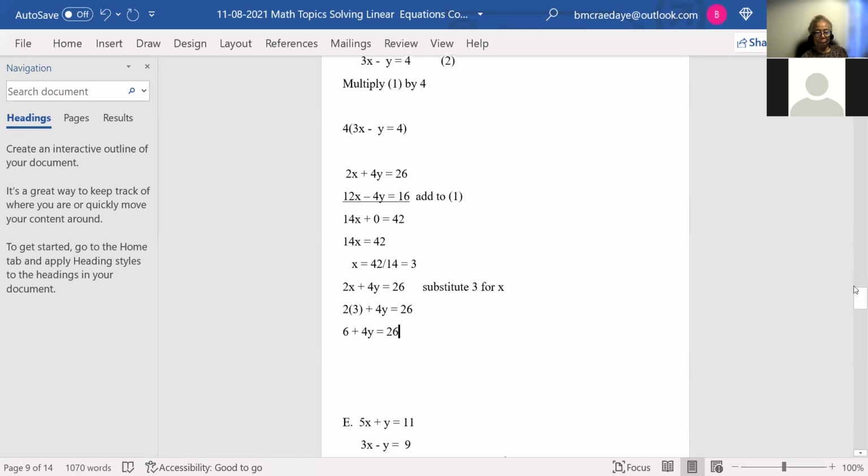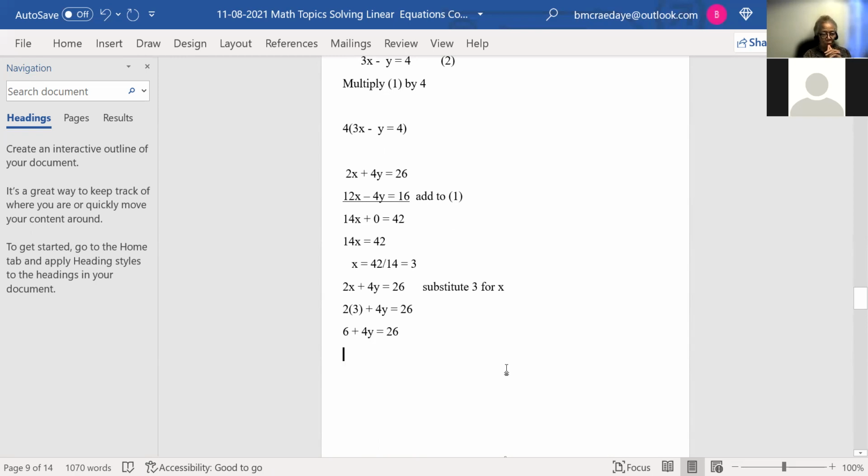Okay, 6. So you divide both sides? No. Remember when you have constants like this, you first got to get your constants together. You can't start dividing because you still have some constants you've got to get together. So you have a 6, 26. How could you get the 6 over where the 26 is? What operation?